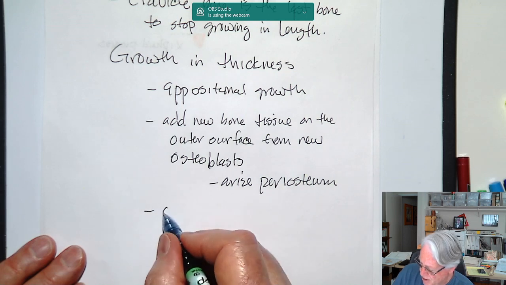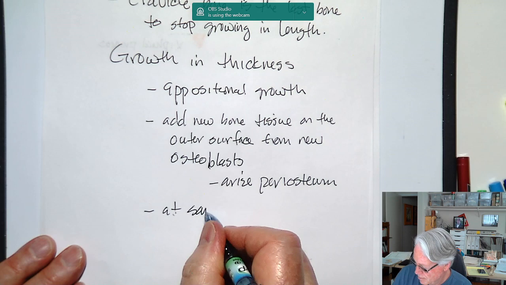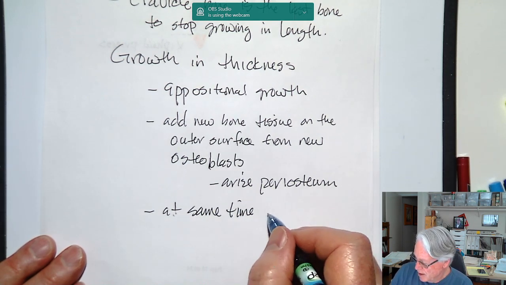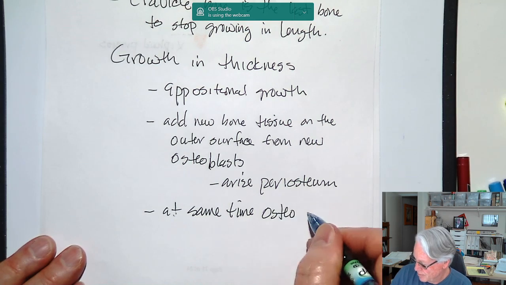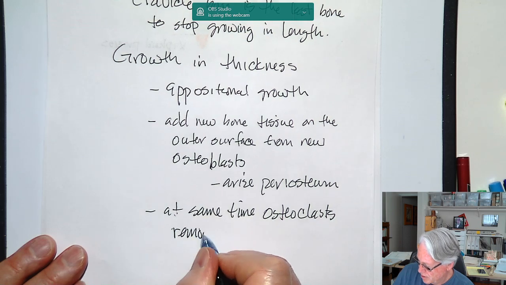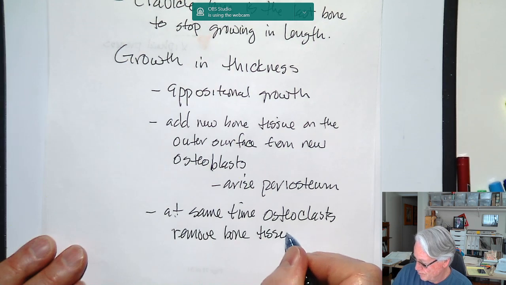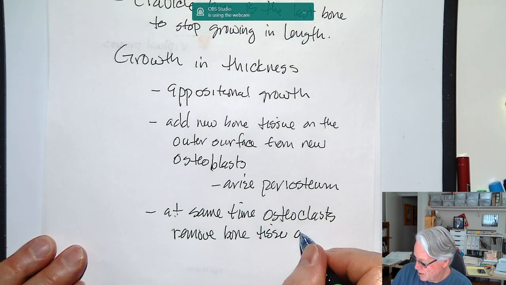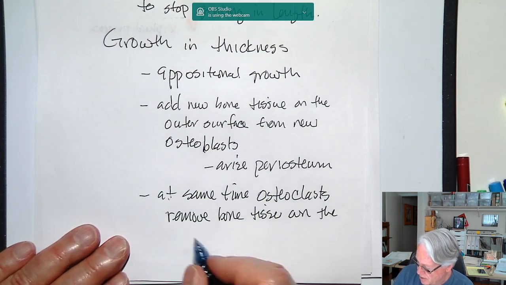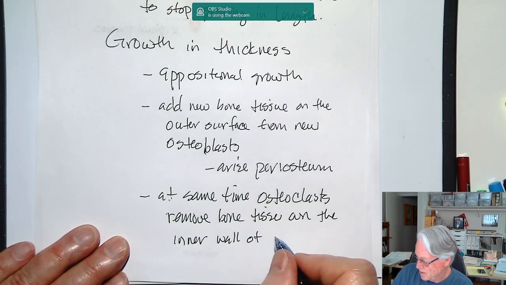And at the same time, osteoclasts remove bone tissue on the inside, the inner wall of the medullary cavity.